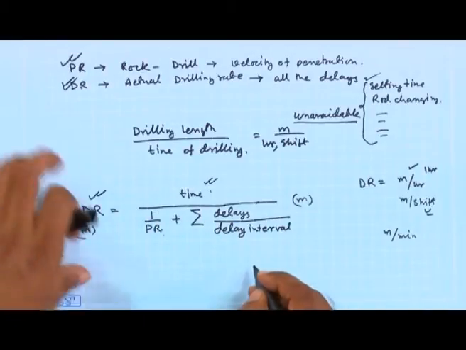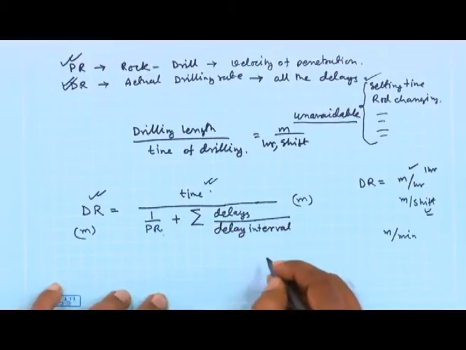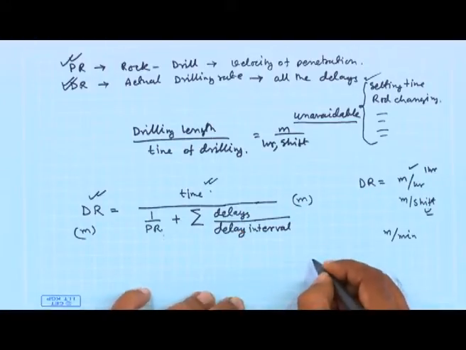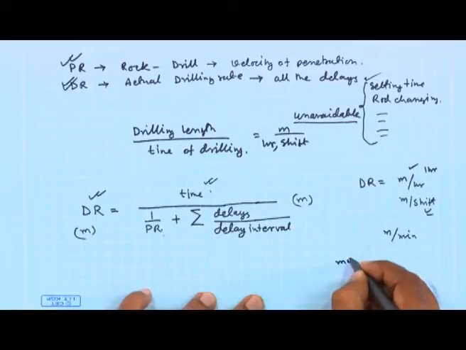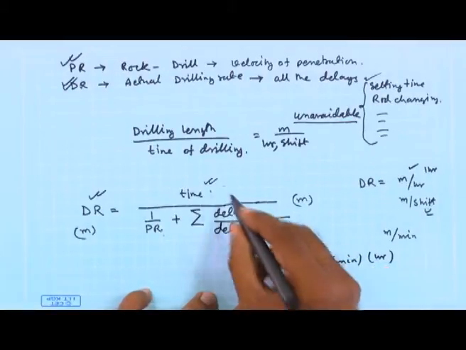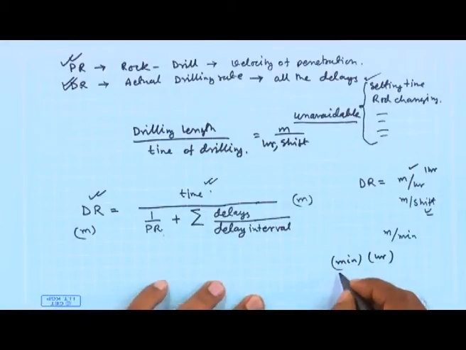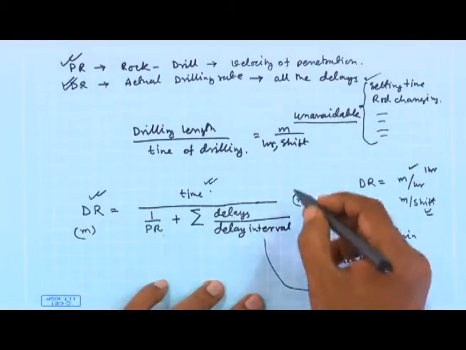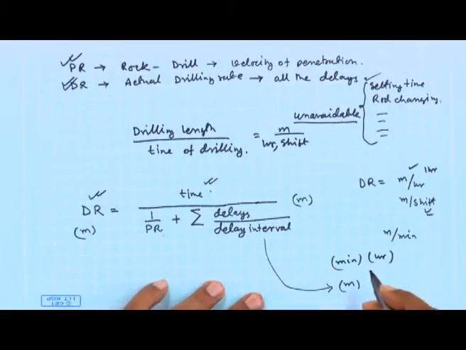And simultaneously these delays will also be expressed in minute or in hour, as we are expressing in the above one, and the delay intervals must be in meter, so that the meter will remain in that up position.